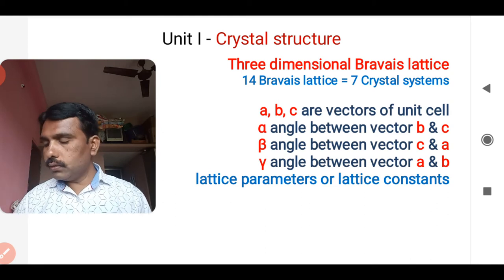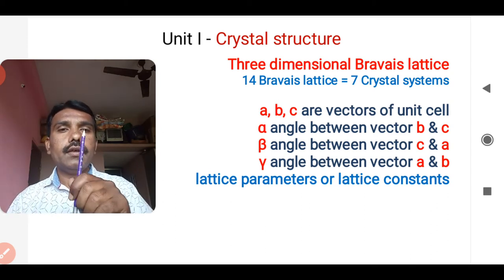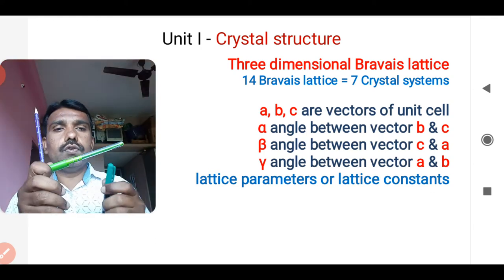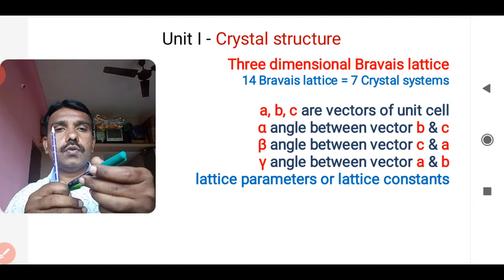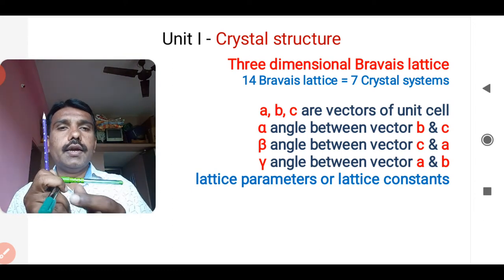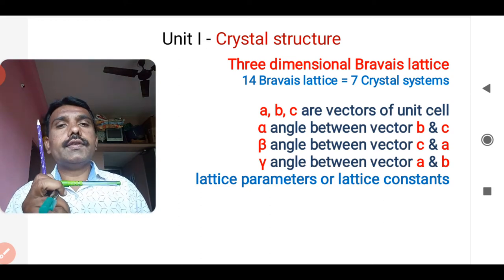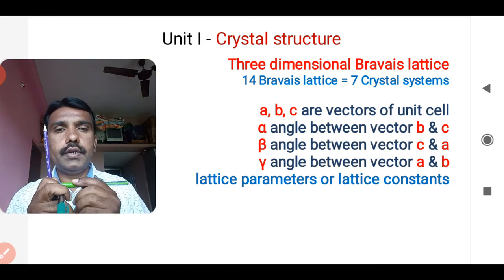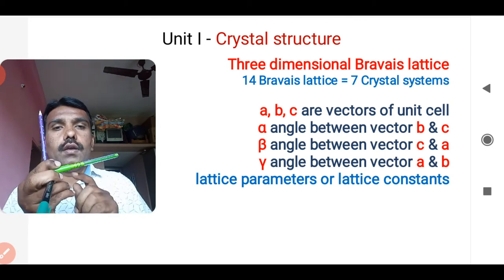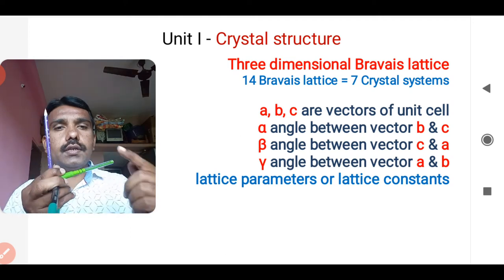As it is a three-dimensional case, there are three vectors: A, B, and C. Here O is the origin point, and these are the A, B, C vectors.